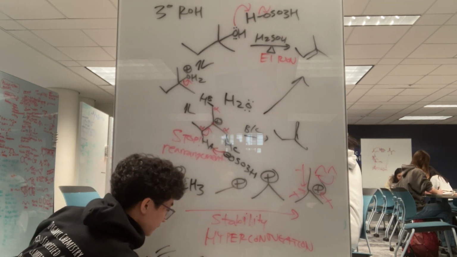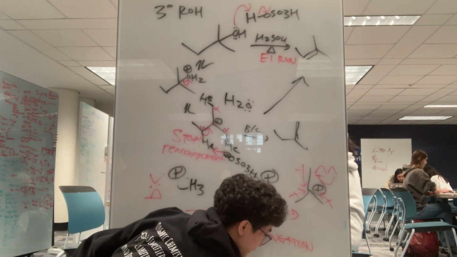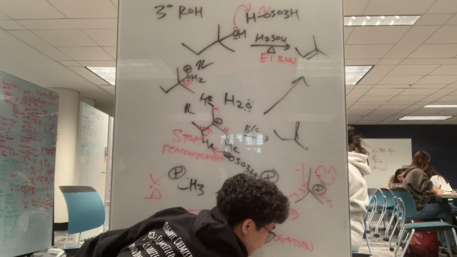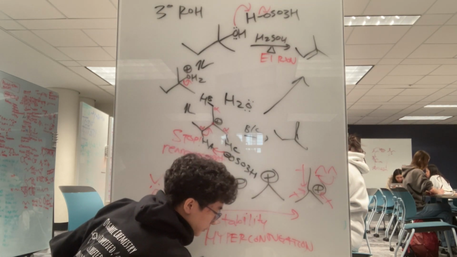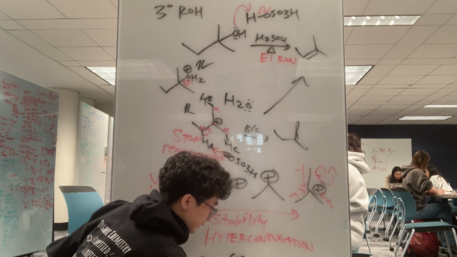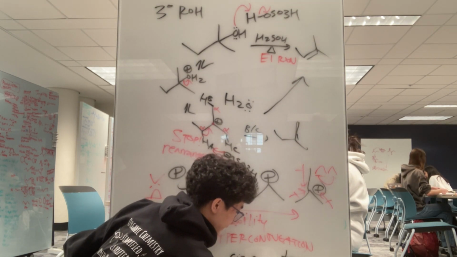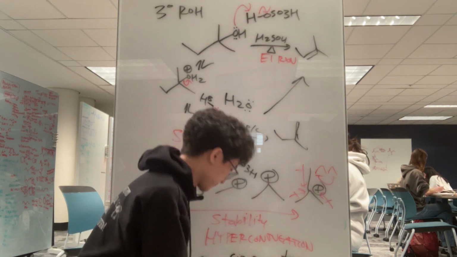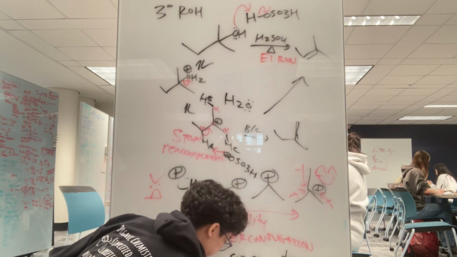This is mono substituted. These are di-substituted. This is tri-substituted. And this is tetra substituted. But for the di-substituted, these are similar. This is more stable. This is the cis alkene. This is the trans alkene. And this is the geminal alkene. Right? And stability will also increase from left to right.